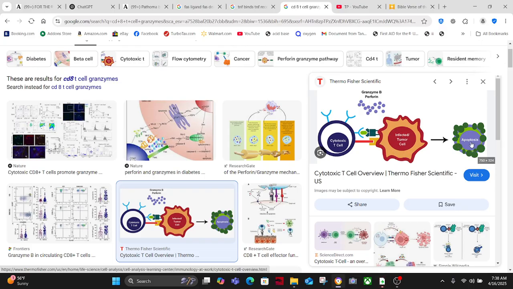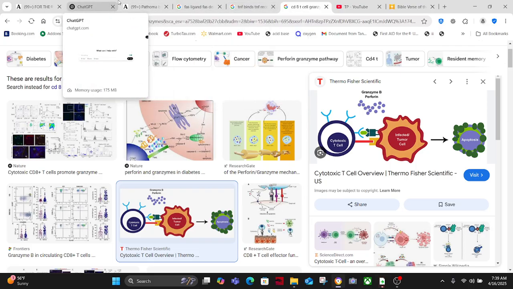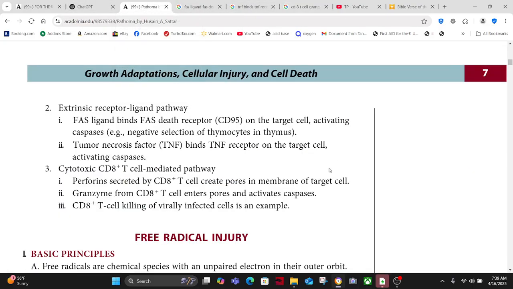See this? Apoptosis. So that's how this cancer cell dies. The CD8 positive T cell uses the perforins to kill the cancer cell or a virus. This can be cancer or a virus. So that's it for that.